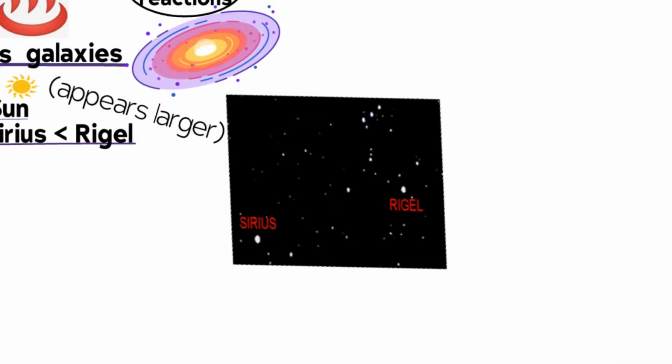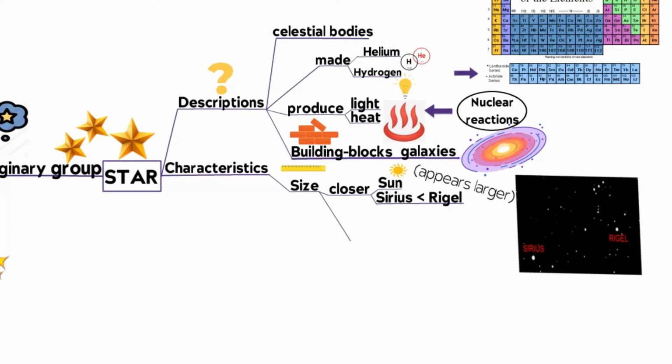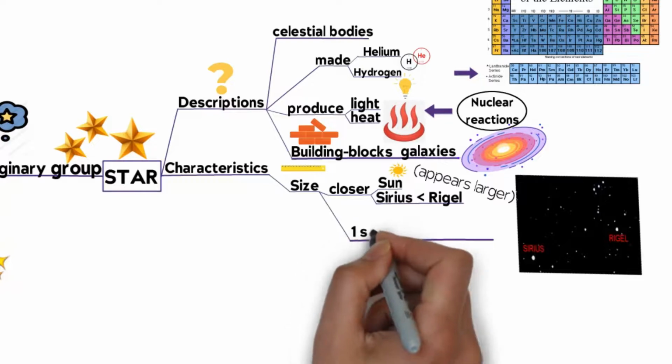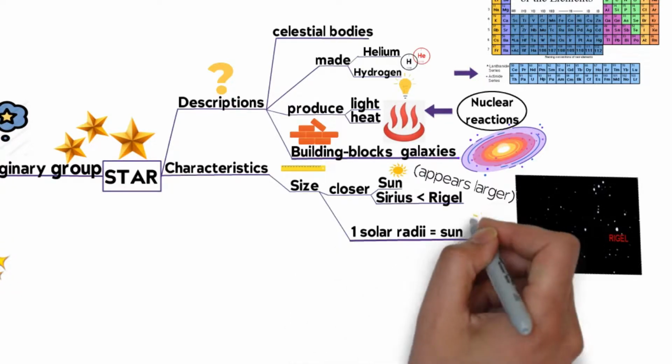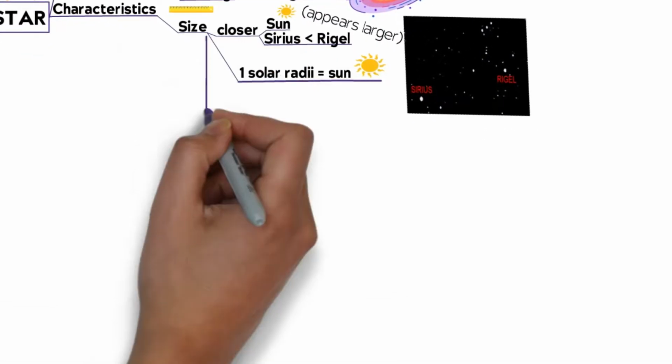Also, Sirius, which appears bigger than Rigel, is actually very small compared to Rigel. A star that measures one solar radii would be the same size as our Sun.